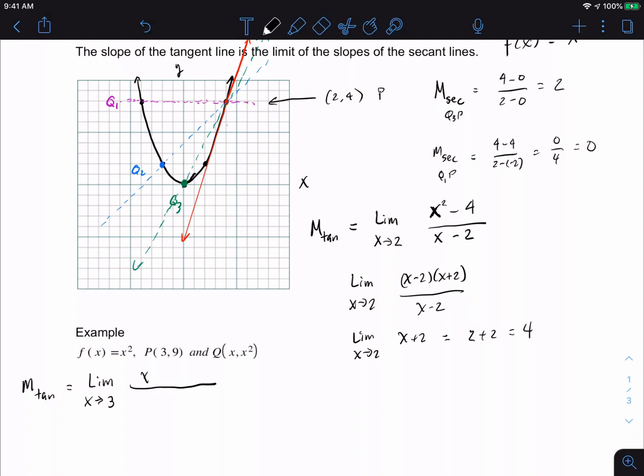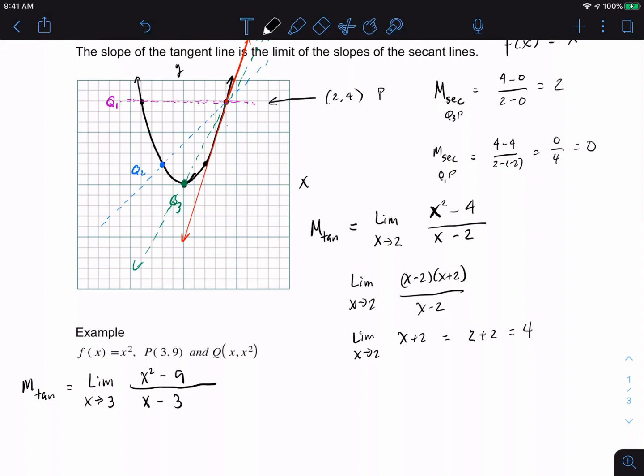It's the x squared minus the y value of the p, which is our 9. And then in the denominator, it's the x of q minus the x in p. We okay? Okay.